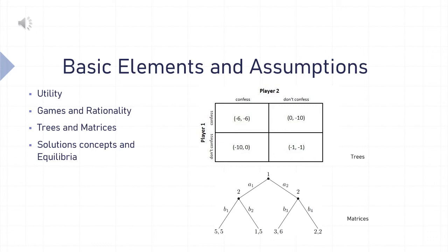That is, it is a set of connected nodes in which the overall graph has a direction. Matrices, unlike trees, simply show outcomes represented in terms of the players' utility functions for every possible combination of strategies players might use.